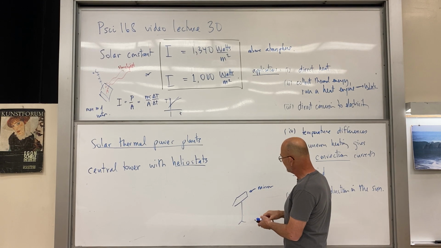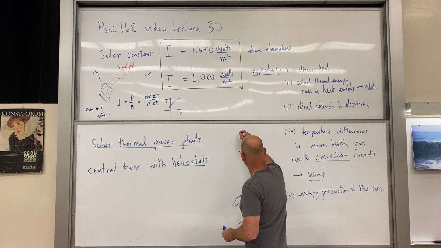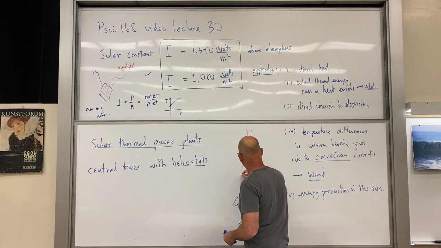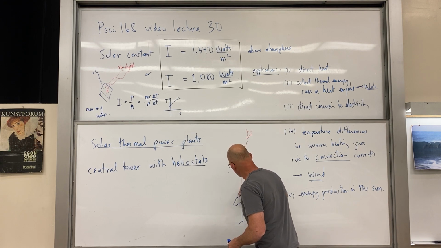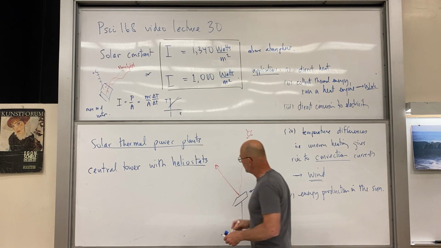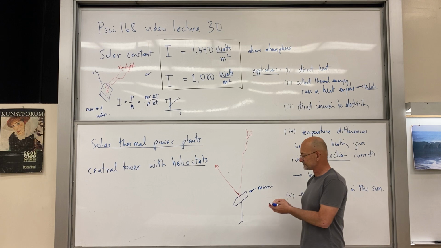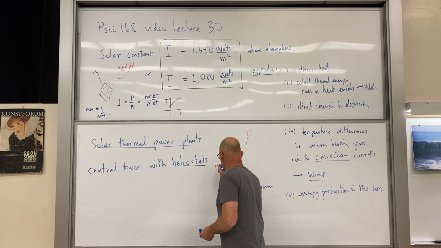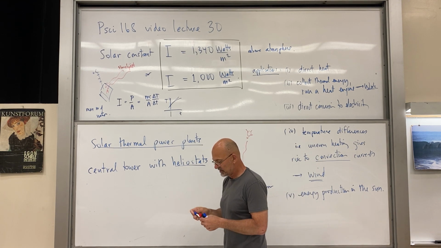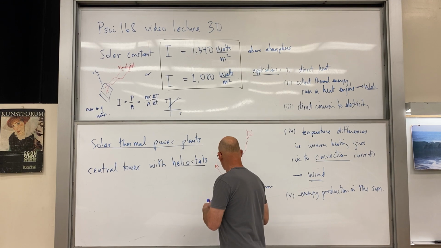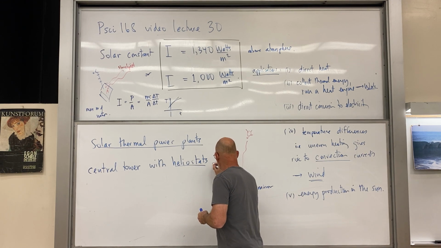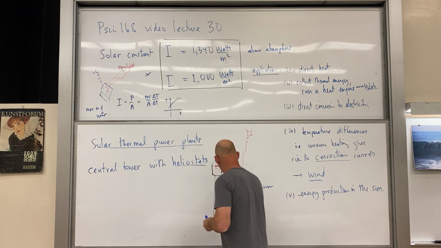And when the sun hits the mirror, say the sun is up here, you get a reflection of the light to that central tower. So the central tower here, I'll use black, has a collector, and then it's just a tall steel tower.